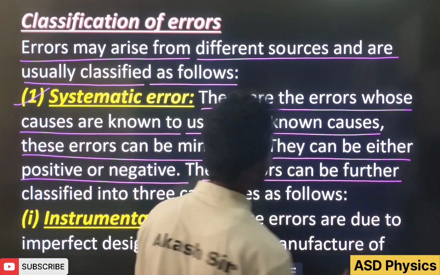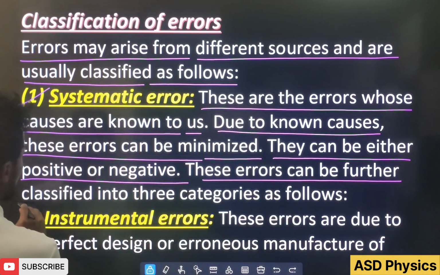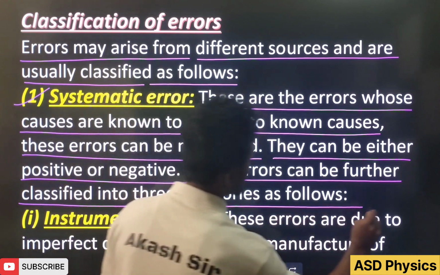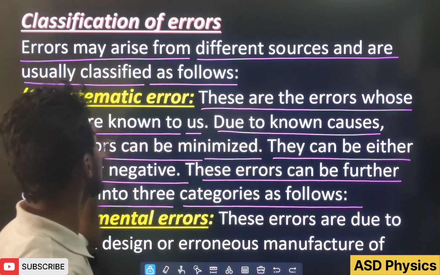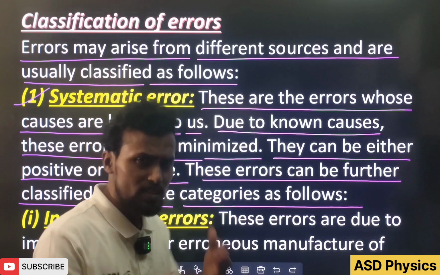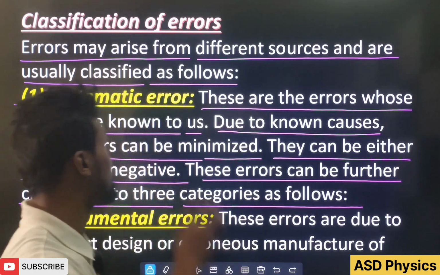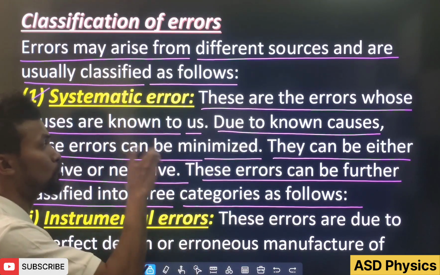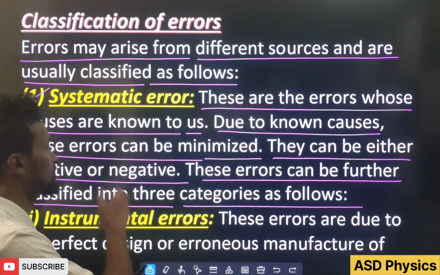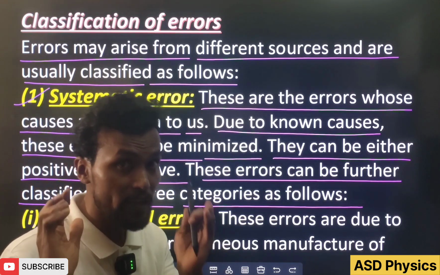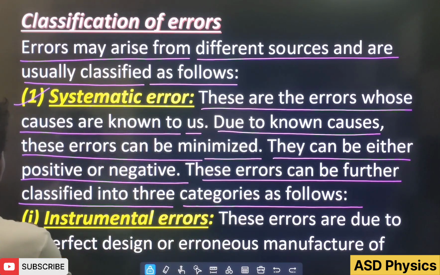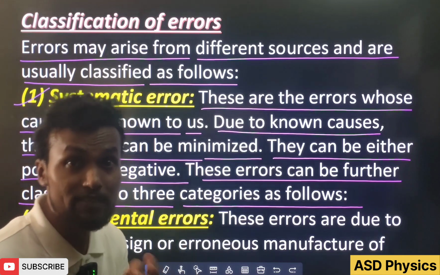These errors can be further classified into three categories as follows. But remember one thing here: these systematic errors are known to us and they can be minimized. They can be either positive or negative. Remember that a question came in previous years. Now, first one, instrumental error. Even the name is suggesting.